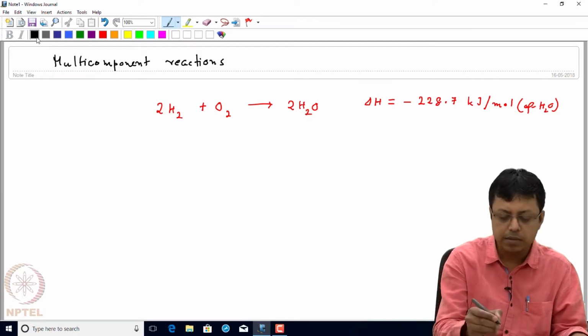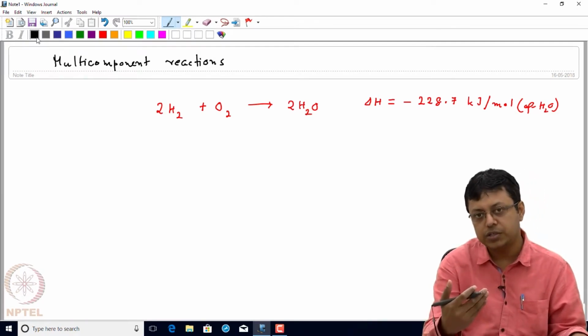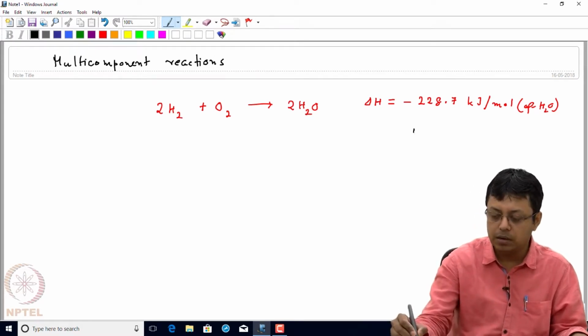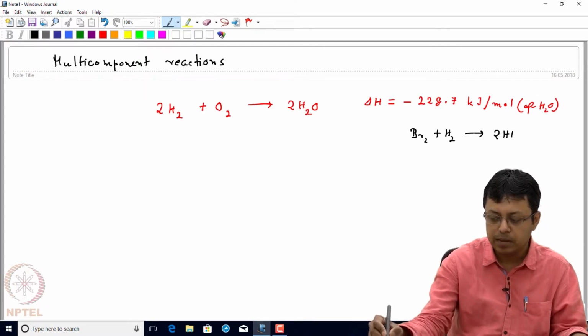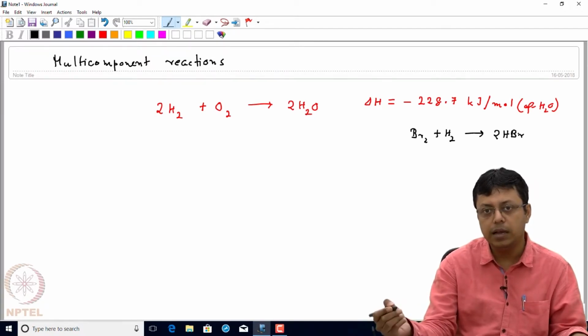And the first step, if you remember the radical reactions which we talked about earlier, bromine plus hydrogen to form 2HBr, that reaction we discussed. That was a particular example of a radical reaction where the radicals were the bromine radical and the hydrogen radical.